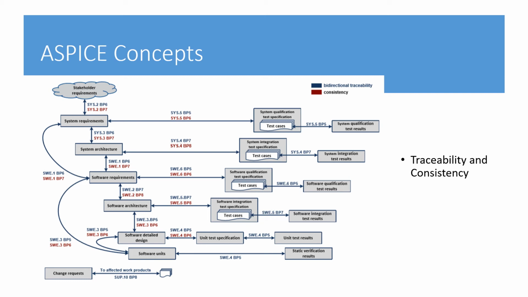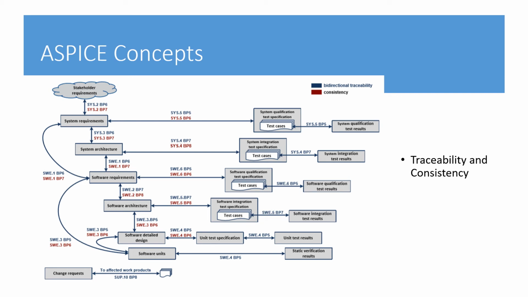Okay, traceability and consistency. If you look closely, bidirectional traceability is indicated in sea green color, and consistency is indicated in maroon color.